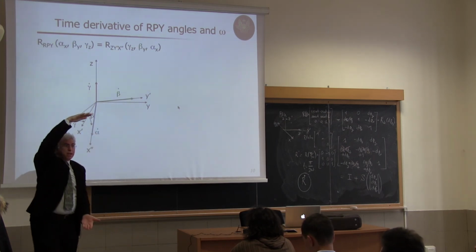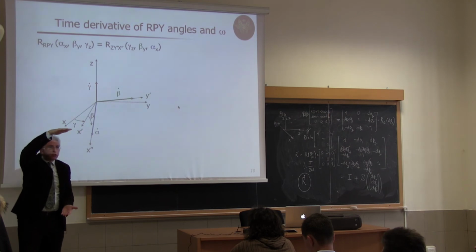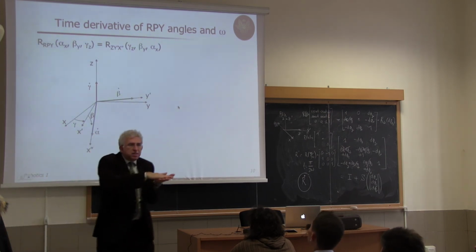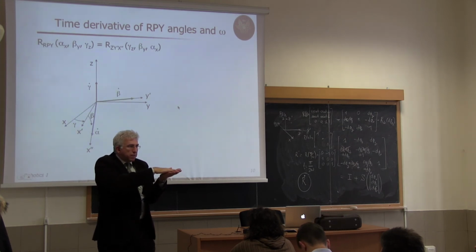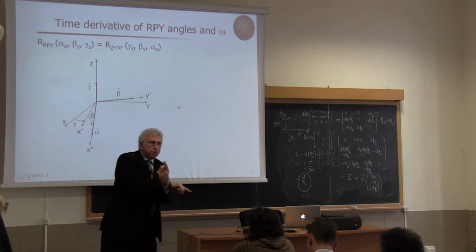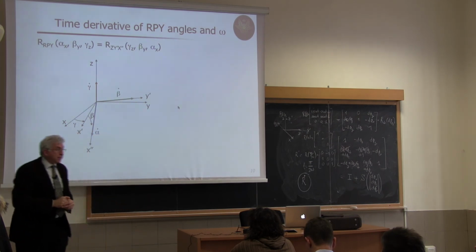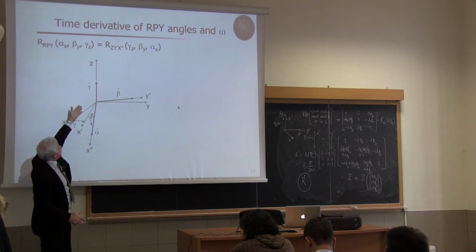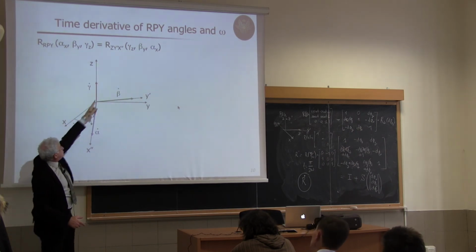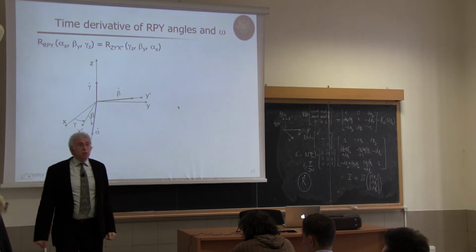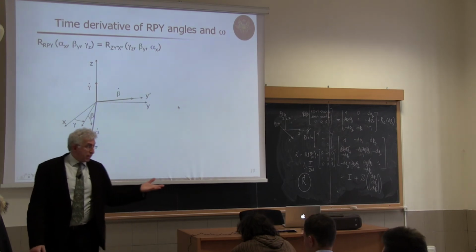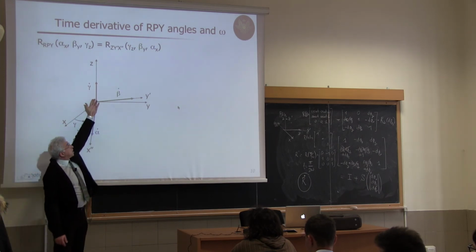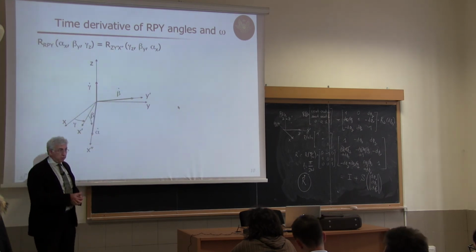If it's a big vector, it means that I have a lot of speed there. If it's a small vector, I have small speed. If it's zero, I have no rotation at all. If it's negative, I'm rotating clockwise and not counterclockwise, and so on. So this vector represents the change over time of this angle, which is the first in the sequence, ZYX Euler type. So this will give some contribution to the total angular velocity.